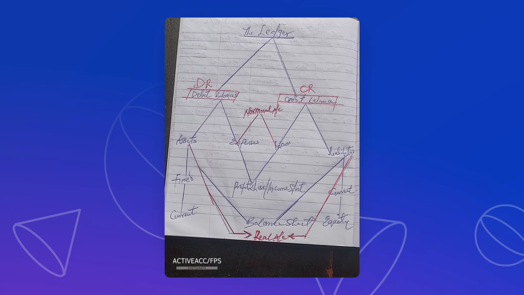So whenever you are handling any accounting transaction and you see that assets are being acquired, whether fixed or current, or they are opening balances, that's what it means. It's debit.